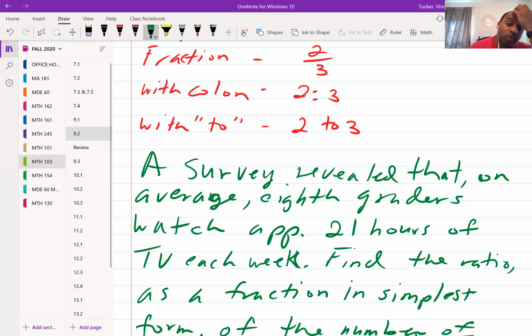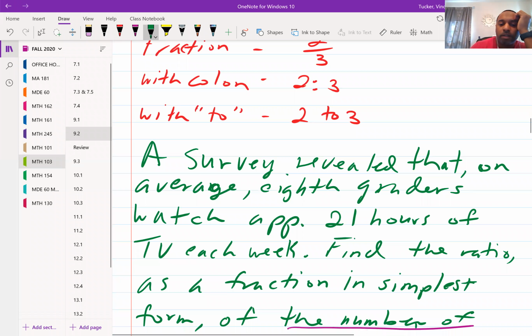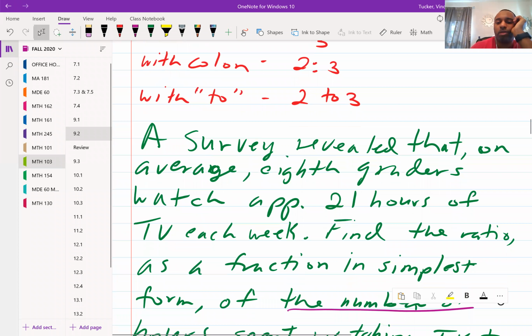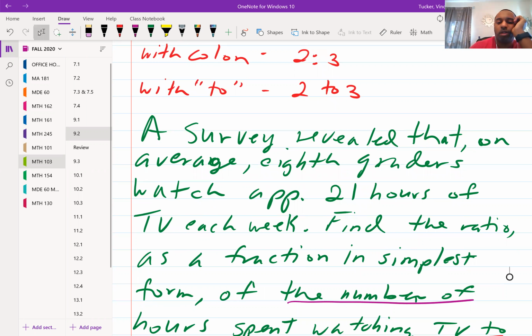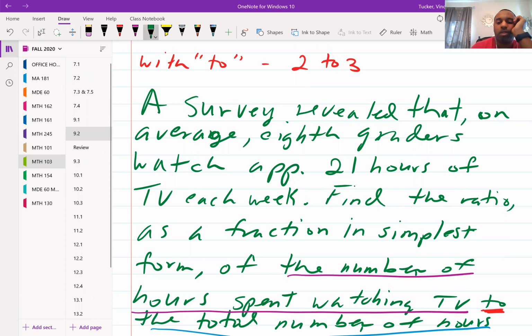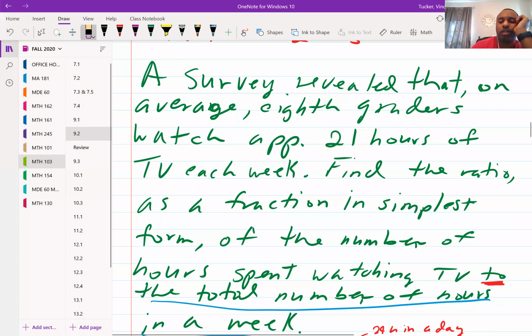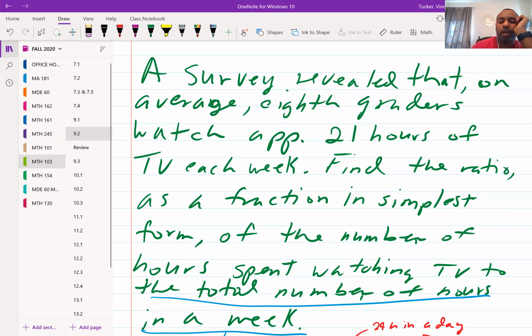All right. A survey revealed that on average, eighth graders watch approximately, that's A-P-P, approximately 21 hours of TV each week. Okay, better. Find the ratio as a fraction in simplest form of the number of hours spent watching TV to the number of hours in a week.